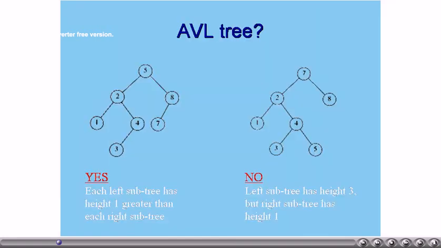Also, take the following two figures. The figure on the left hand side is an AVL tree, whereas the right hand side is not an AVL tree. The left subtree minus right subtree property is not satisfied at root node 7 for the right hand side tree.